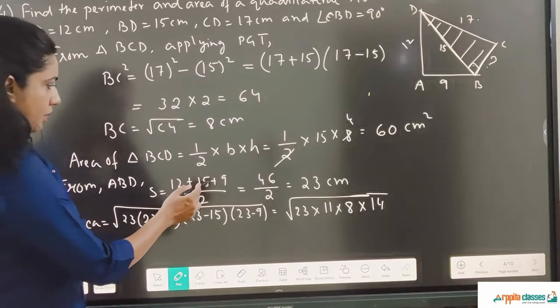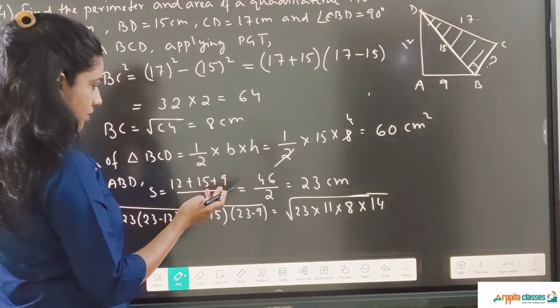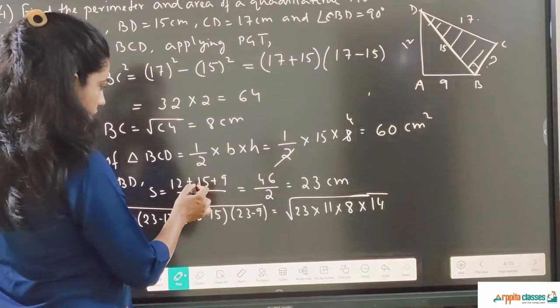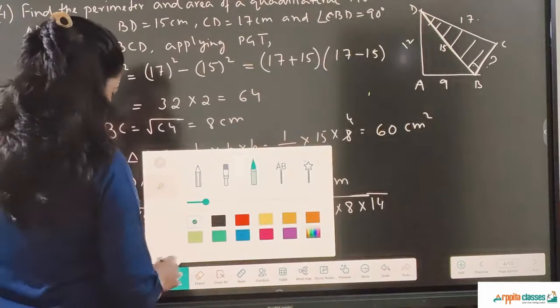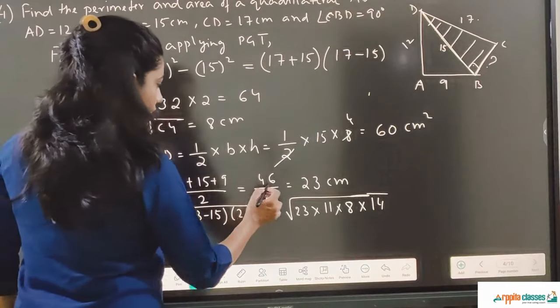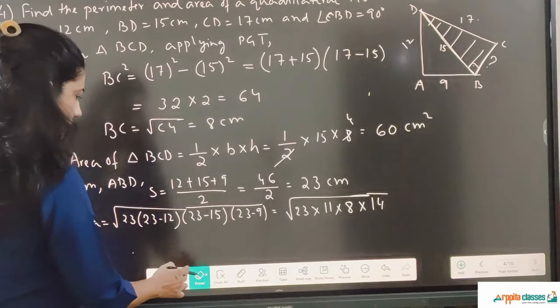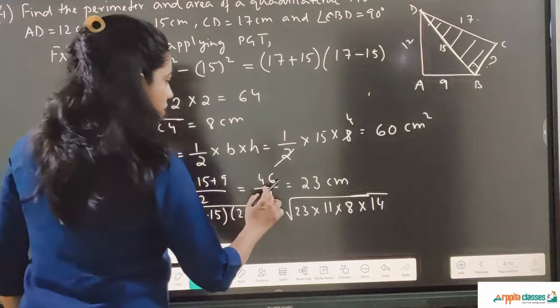Just I'll add it one more time. Okay, this is 32, sorry. This is 32. I'll rub it, this has become wrong.